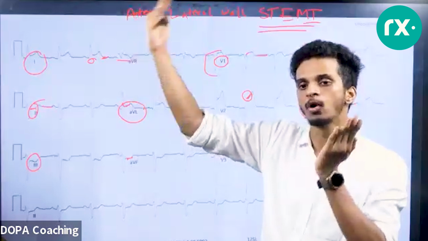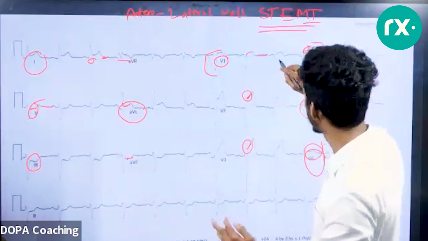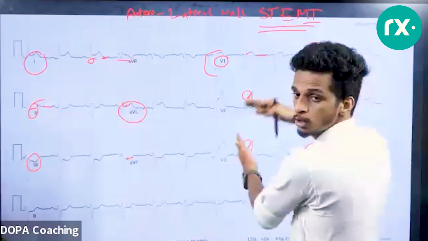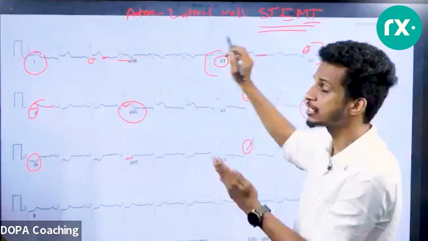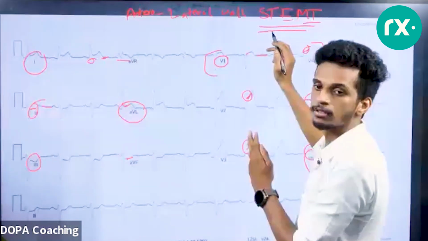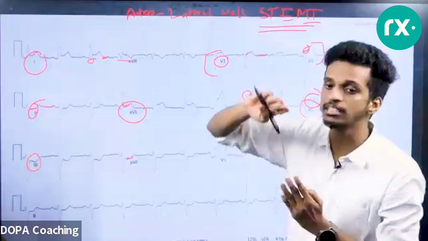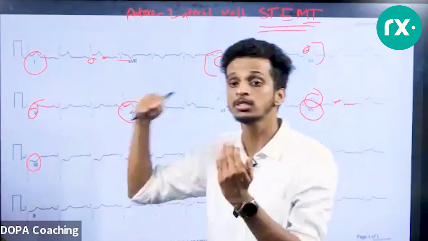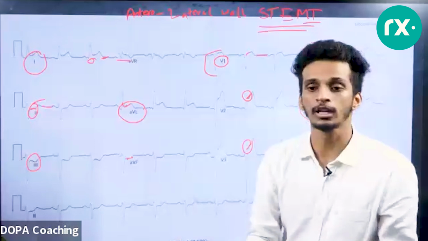Lateral leads lie opposite inferior leads. So something which produces an ST elevation in lateral leads will produce an ST depression in inferior leads because they are opposite. And that is called reciprocal changes.